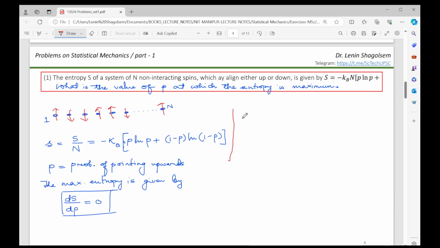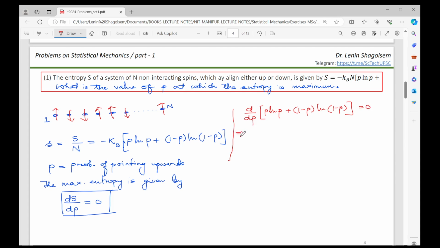So the expression looks like this: d by dp of p log p plus 1 minus p log of 1 minus p, and this is equal to 0.